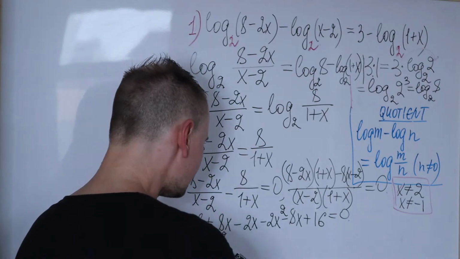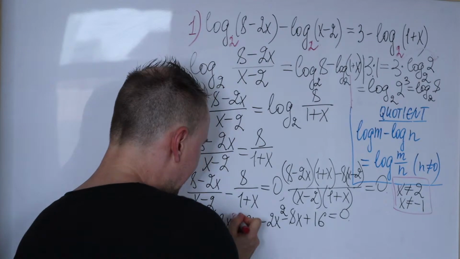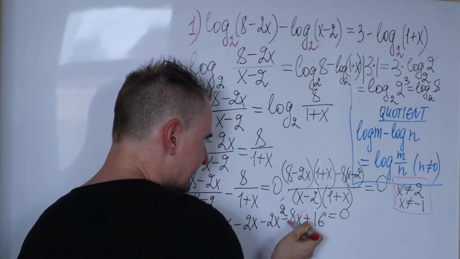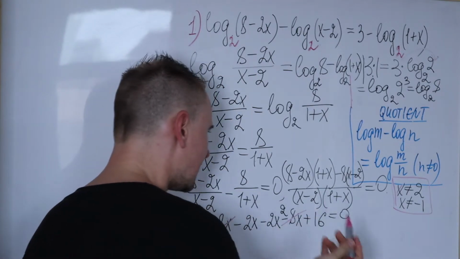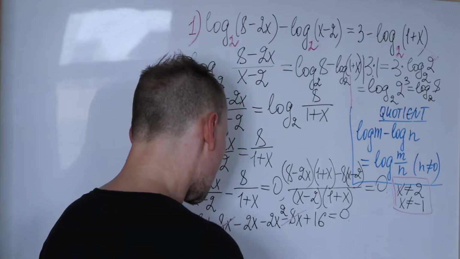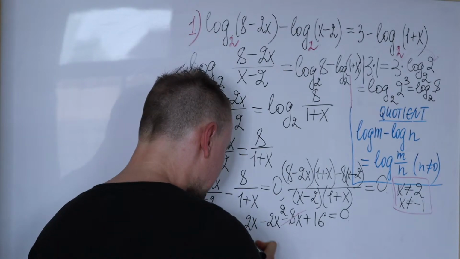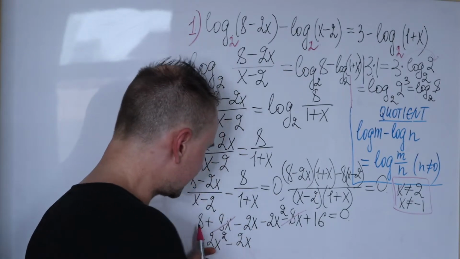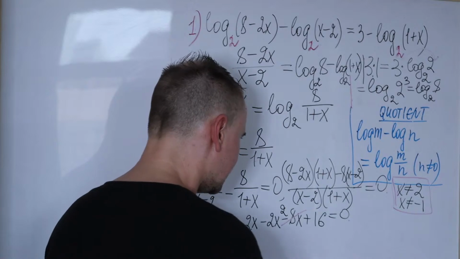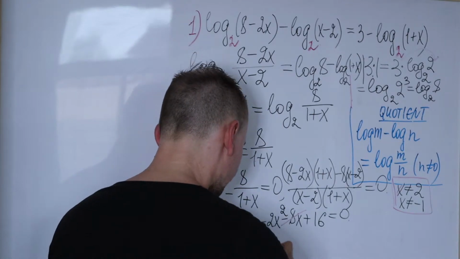So what else? 8x and negative 8x, they cancel out beautifully. And what's left over? Minus 2x, and this constant 8 plus 16, that gives me 24.